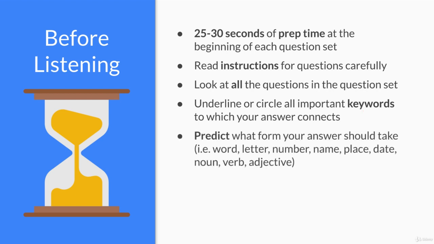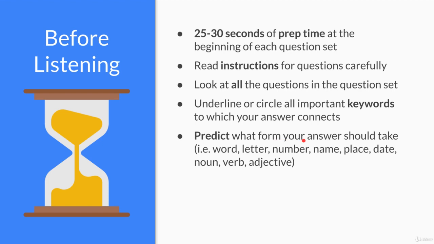Next, you should try to predict what form your answer is going to take. First, go over the questions and circle or mark all the keywords. Then if you have some extra time remaining, come back and try to predict what form your answer will take.